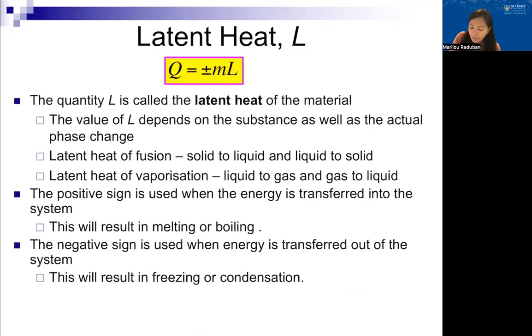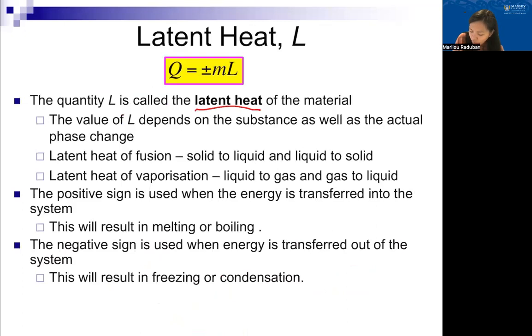But L is called the latent heat of the material. Again, it's a property of the material. Every material, just like specific heat, has a constant number that you can look up in some table or Google search. And there are two kinds of latent heats depending on the kind of phase change.